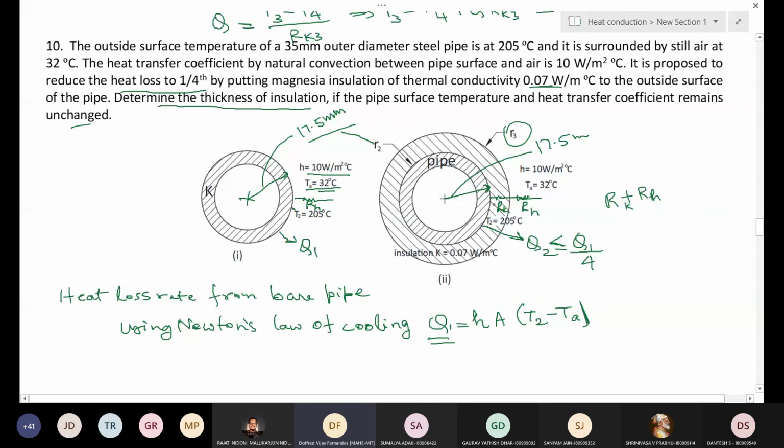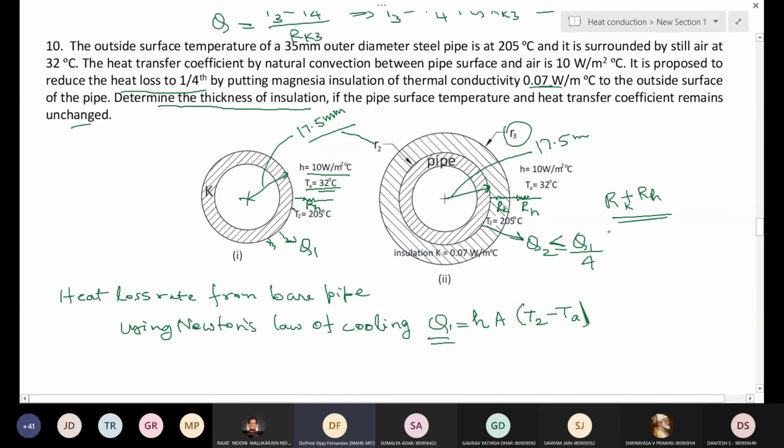So we have the same temperature difference. The resistance RH for the first case we know. So this total combined resistance RK plus RH should be 4 times the convection resistance offered without any insulation.